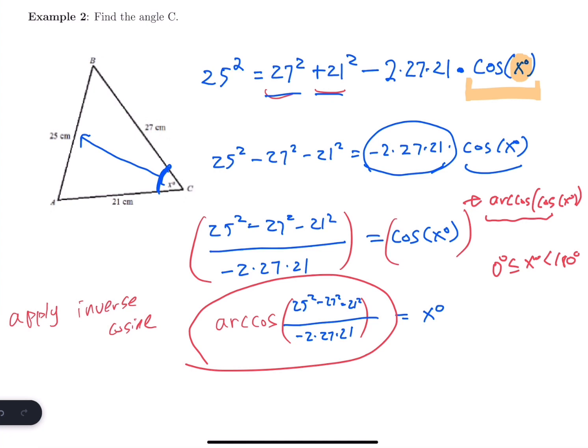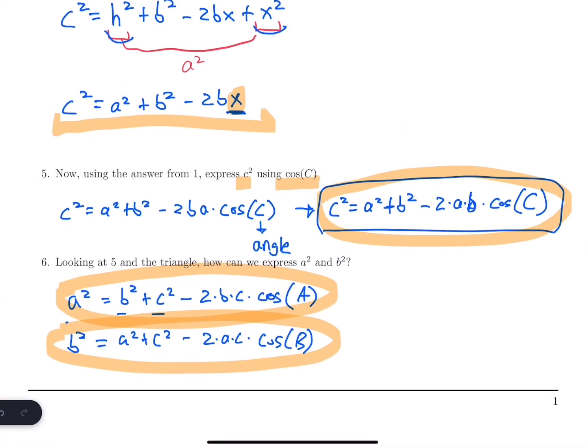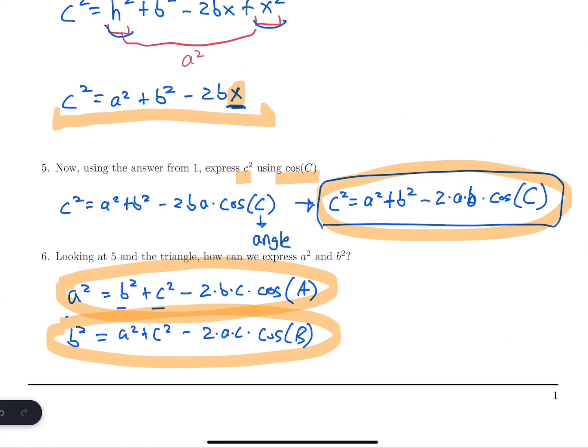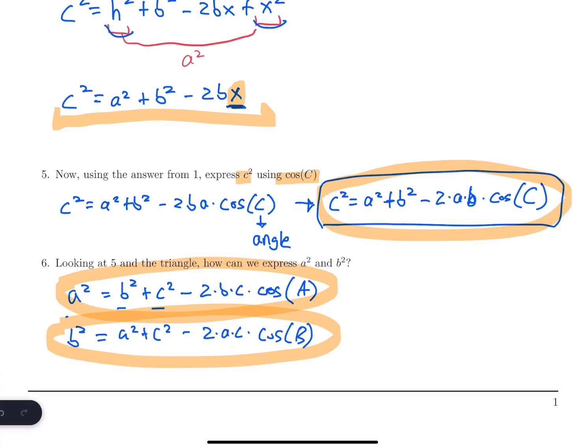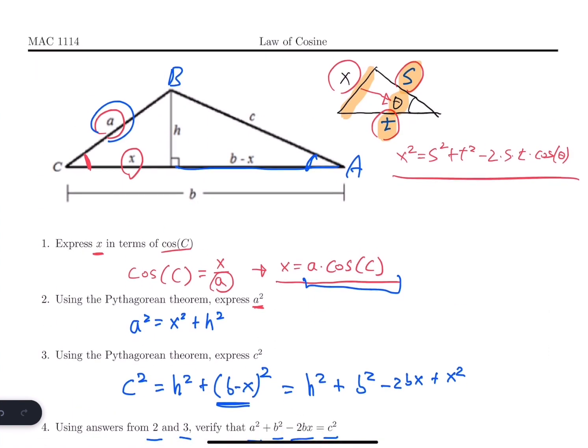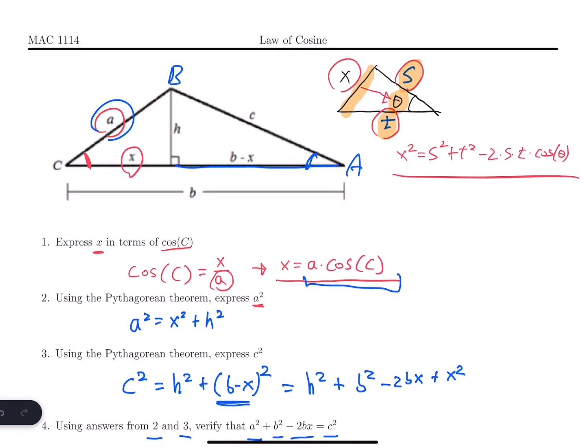So this is how we use the law of cosine. Okay. So you have to remember, don't try to remember all three formulas right here. All three essentially tell us the same thing. It's one equation. You think, if I want to focus on this length, I square this.